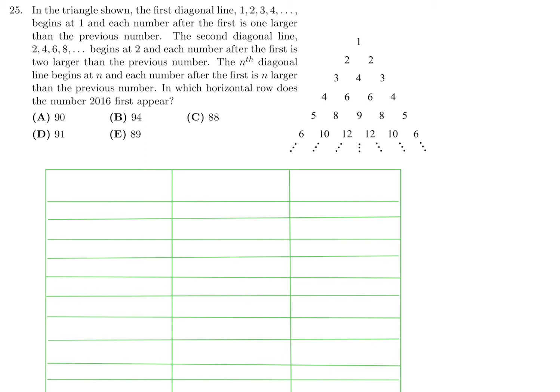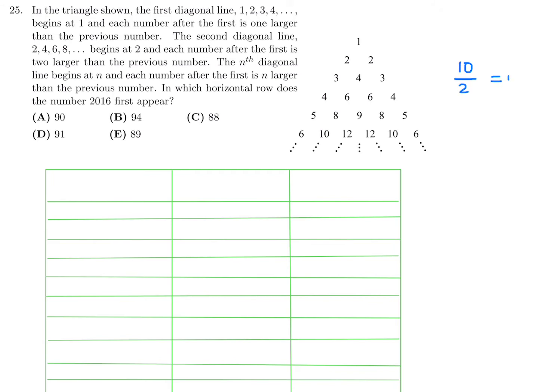Let's discuss this a little bit. Let's say I asked you, when does the first 10 appear? Well, the first 10 obviously appears here. How could you figure that out, though? It appears in this diagonal, which starts with 2. So 10 is the number I'm interested in.